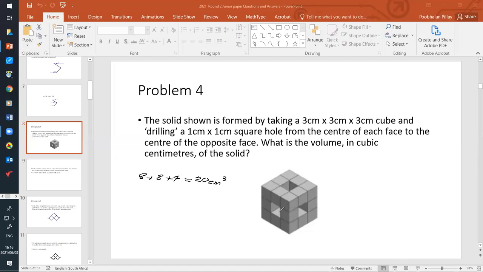The more difficult way is to know that if this cube was full, if there were no holes dug, right, the volume would have been 27, because there would have been 27 cubes here, right? But now, many of them are removed.